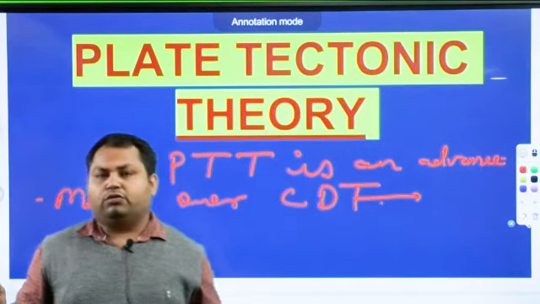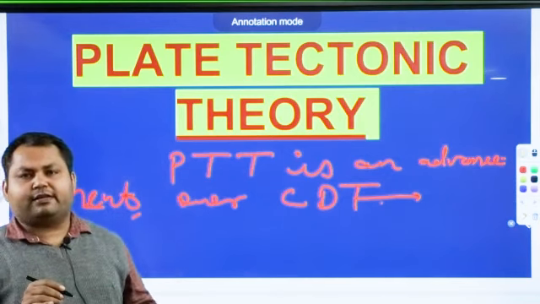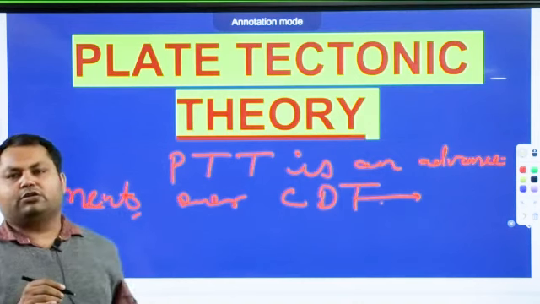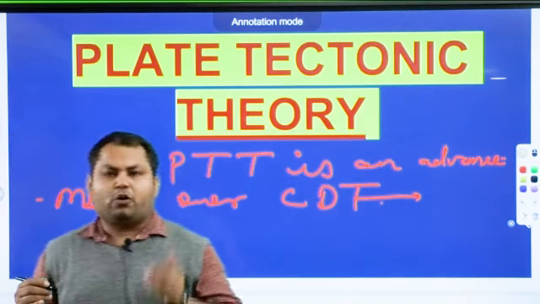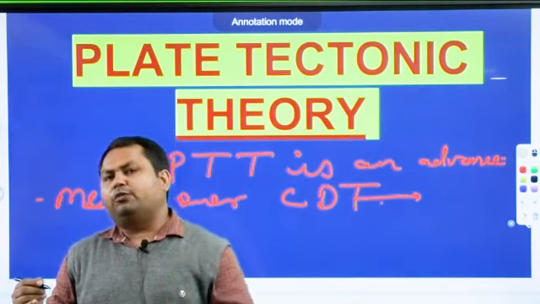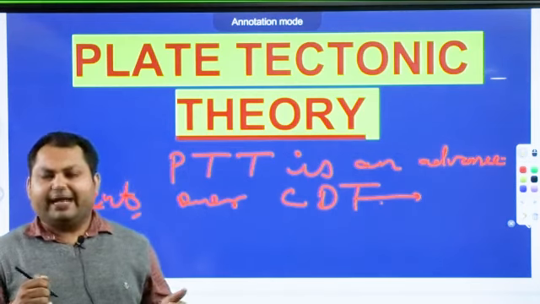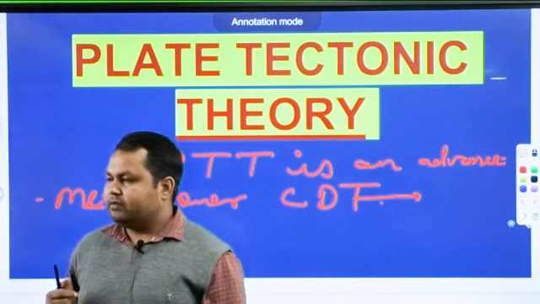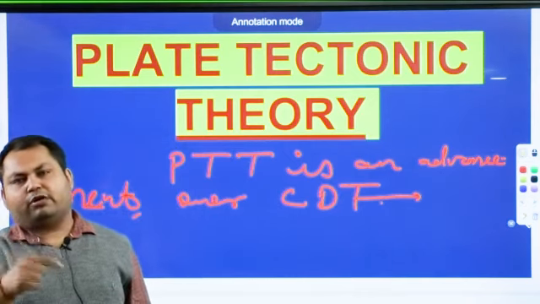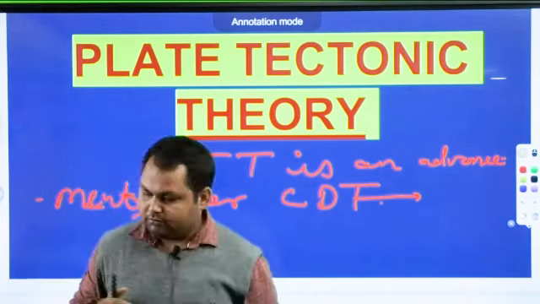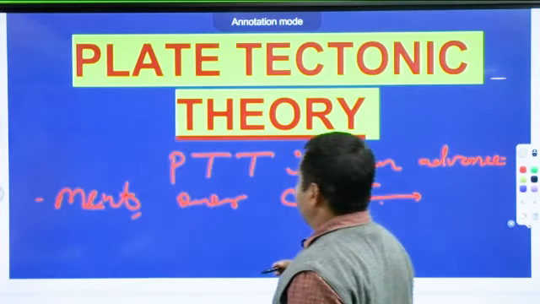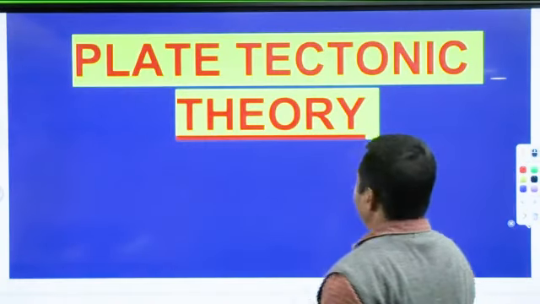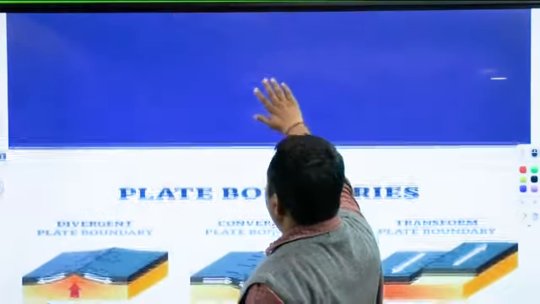This theory improves on that, since not only the continents, the ocean bottom also moves. So to remove the problem of only continental movement, this theory combines continent as well as ocean bottom as plate. So this theory can be considered an advancement over CDT.